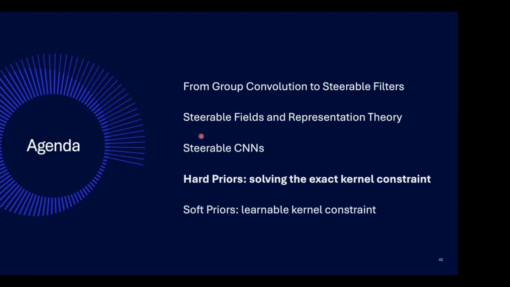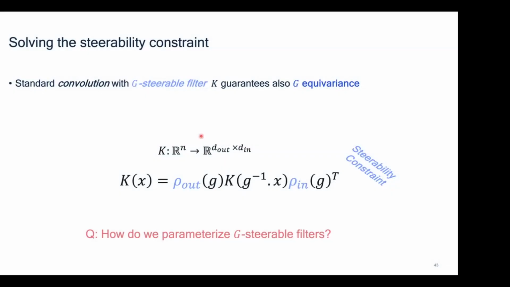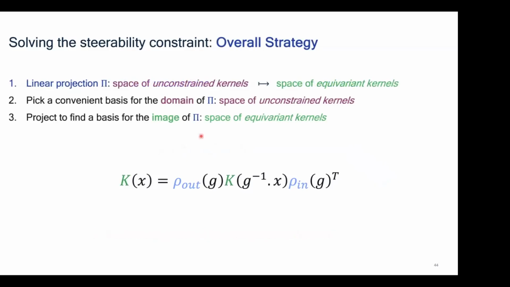Okay. All right. So let's see how do we solve this problem, which is how do we parameterize in the most general way filters that satisfy this steerability constraint. Very high level overview of the strategy we're going to follow essentially is notice that filters are actually vectors in some vector space.